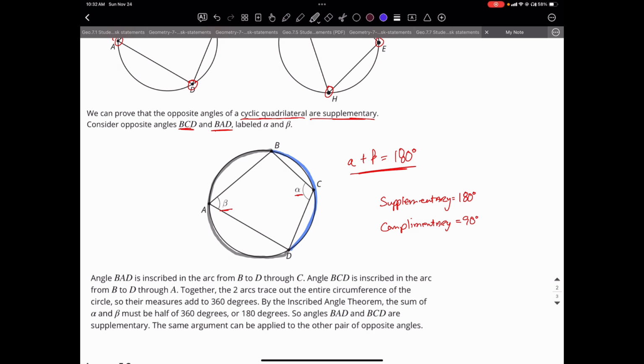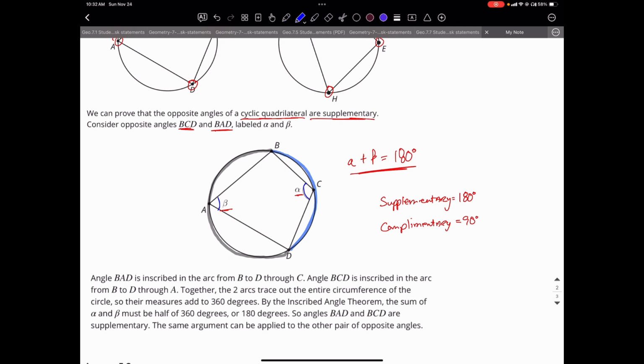So think about what that's saying. Because these two angles are inscribed angles, their arcs add up to 360 degrees. And if you recall, inscribed angles are exactly half the measure of their arc.